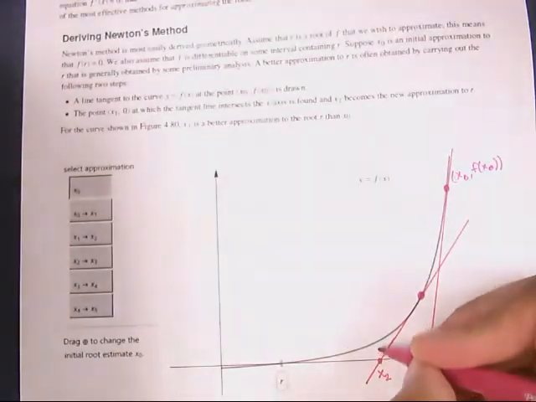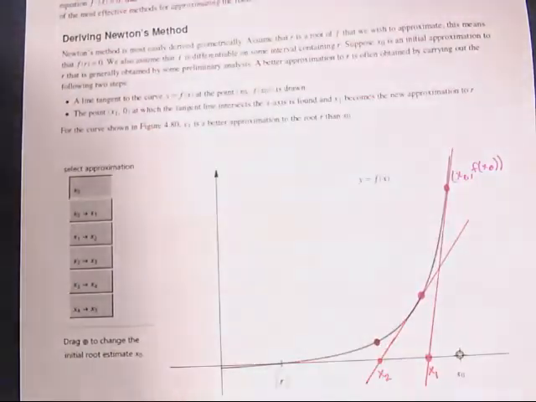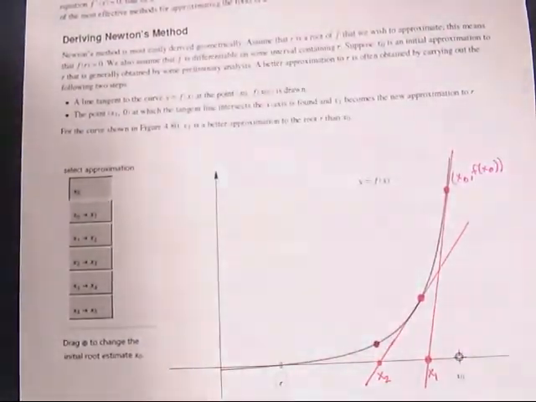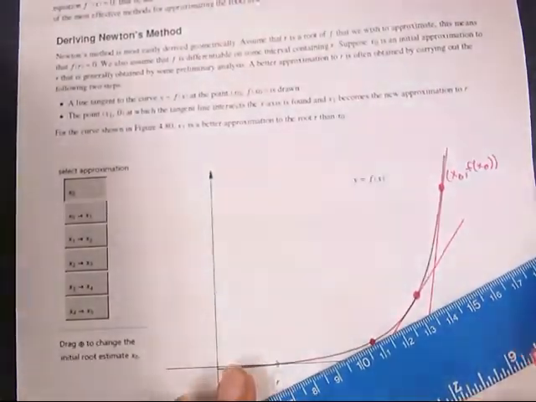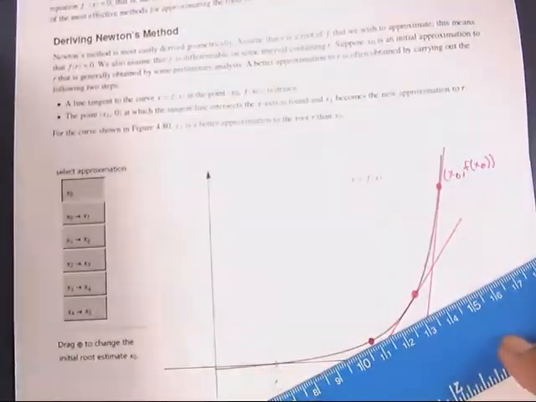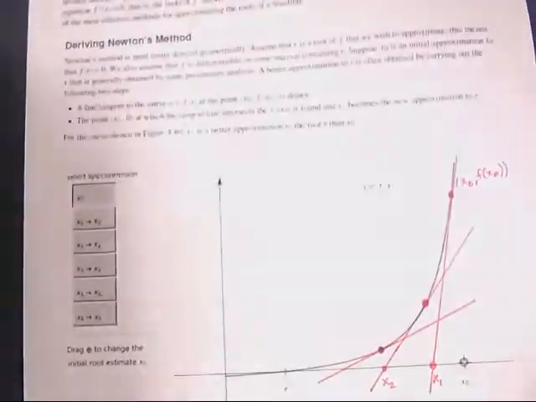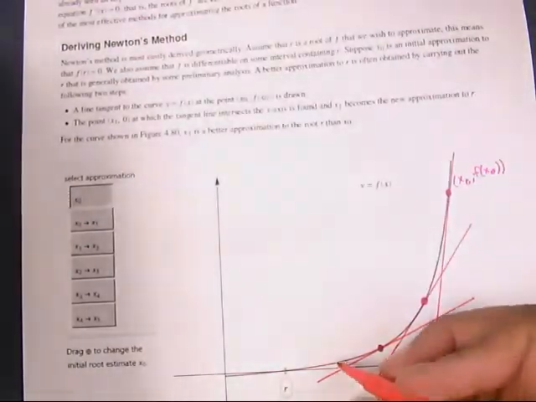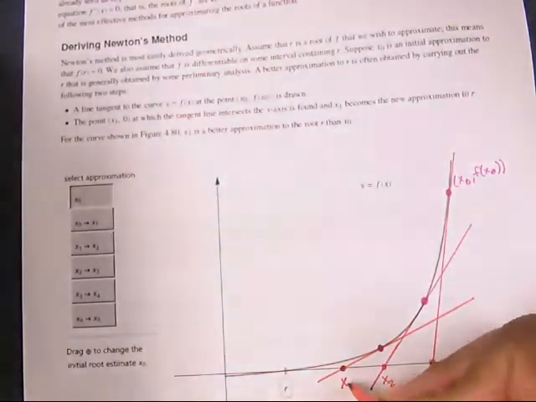So here, let's say this point at x of 2 is on the graph here. And then we draw another tangent line. Okay, so that's the tangent line to this particular point, and that tangent line crosses the x-axis at that point, which I'm going to call x of 3.